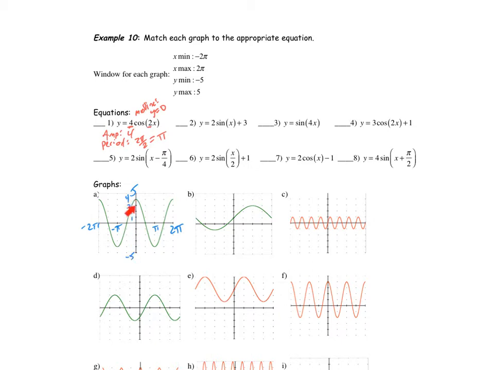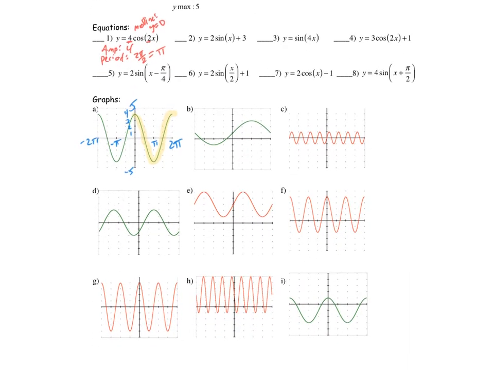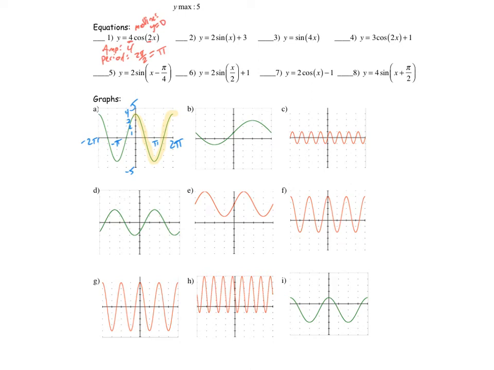The amplitude is 4, but the period for this graph, going from a maximum to the maximum, is 2 pi, and we're looking for a period of pi, so it's not graph A. So if we scan through trying to find another one that looks like a cosine graph and has a midline, an axis of oscillation at y equals 0, and an amplitude of 4, the graph that we can find, I have to scroll down a little bit because I don't see it yet, is graph G.